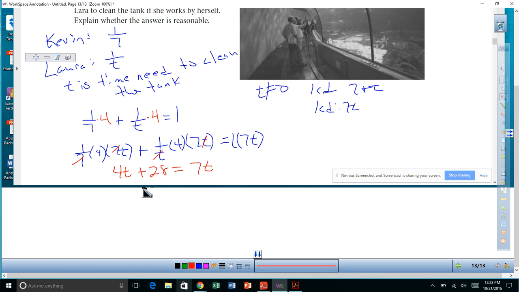Let's subtract 4t from both sides, and you got 28 equals 3t. Divide both sides by 3, and you got 28 thirds equals t. So that's 28 thirds hours.